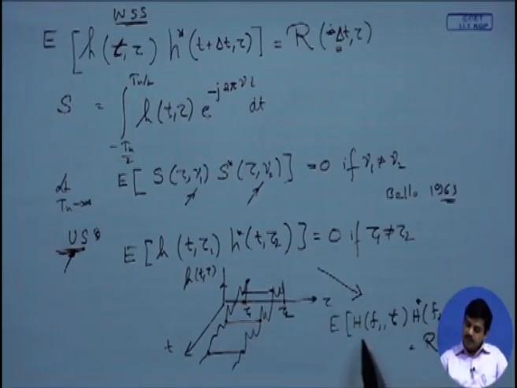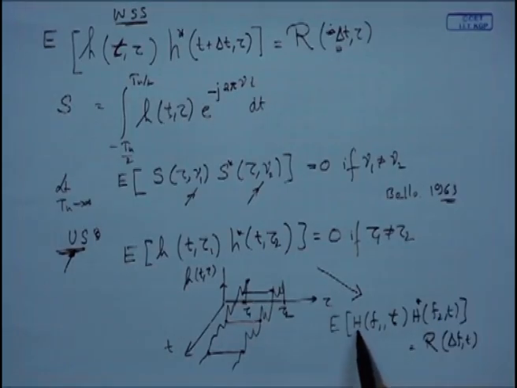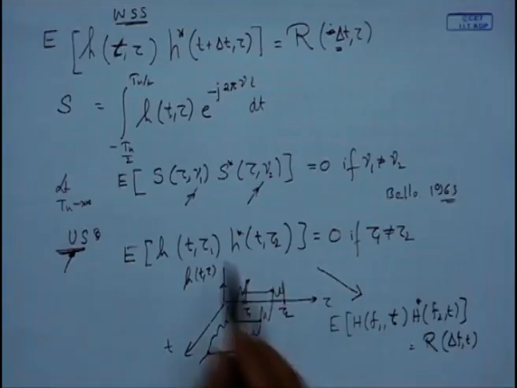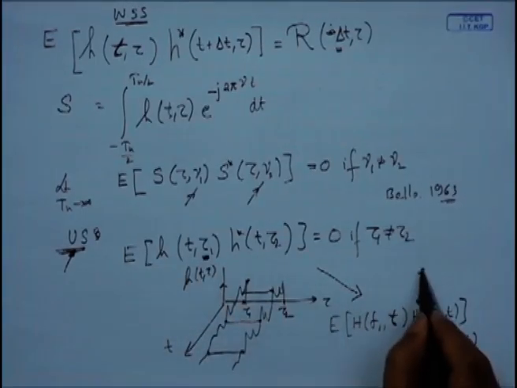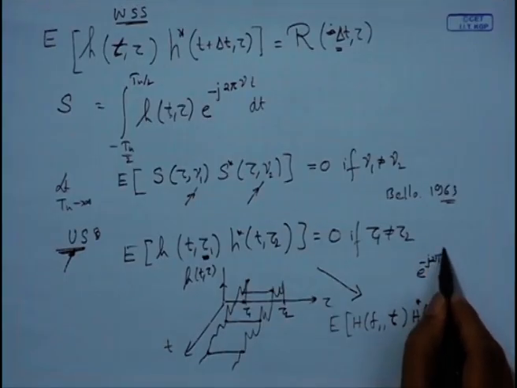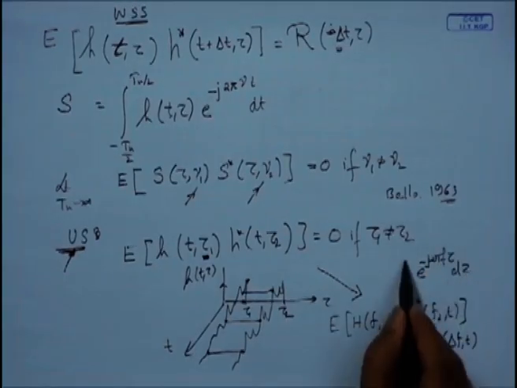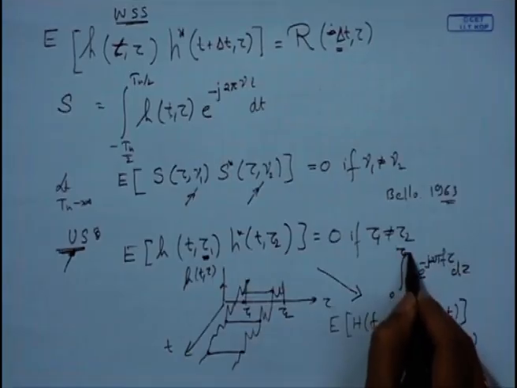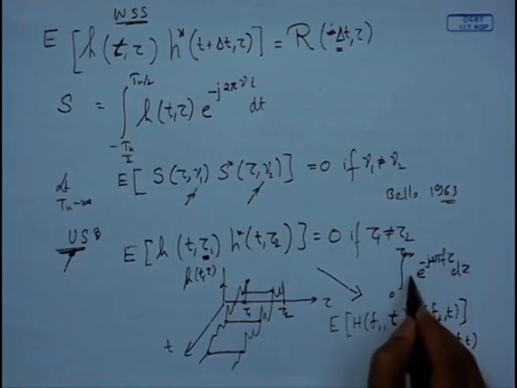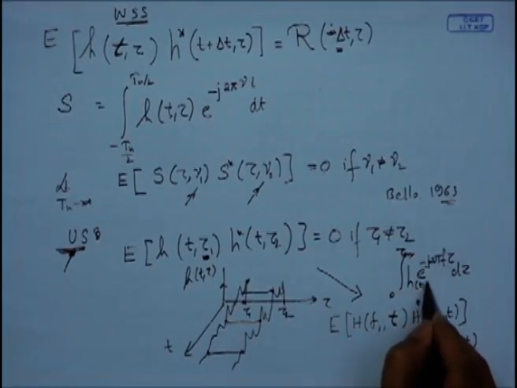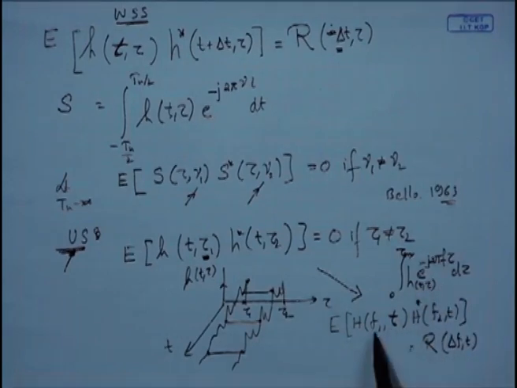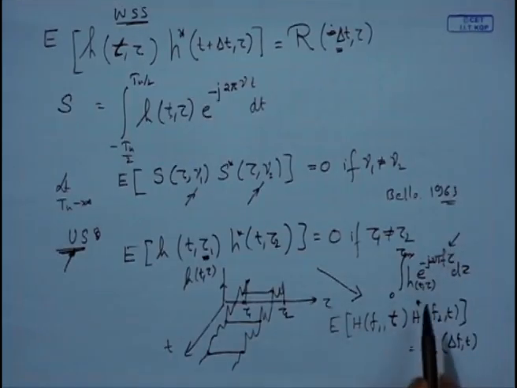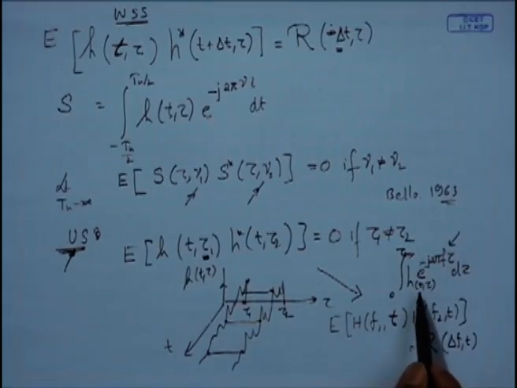What it means is that we are now taking the Fourier transform across tau, e to the power of minus j 2 pi f tau d tau, integral 0 to tau max of h of t comma tau. So we are taking it at two different frequencies. If we get it as a function of frequency, we get the transfer function, the channel transfer function.